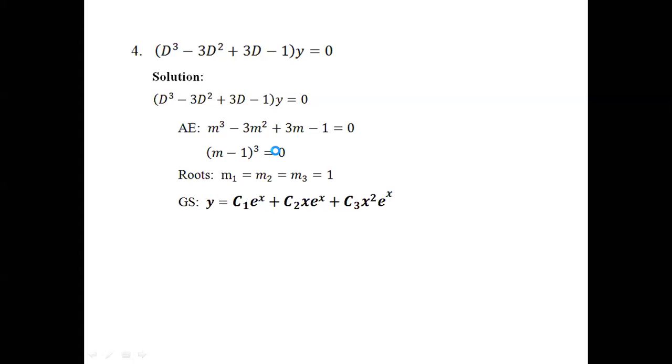Then we moved to the 5th question. It was also already in the D notation. So in the solution, we came up with the auxiliary equation. Now, after studying this auxiliary equation, it was found that it did not have real roots. It gives some problems if you try to find factors.